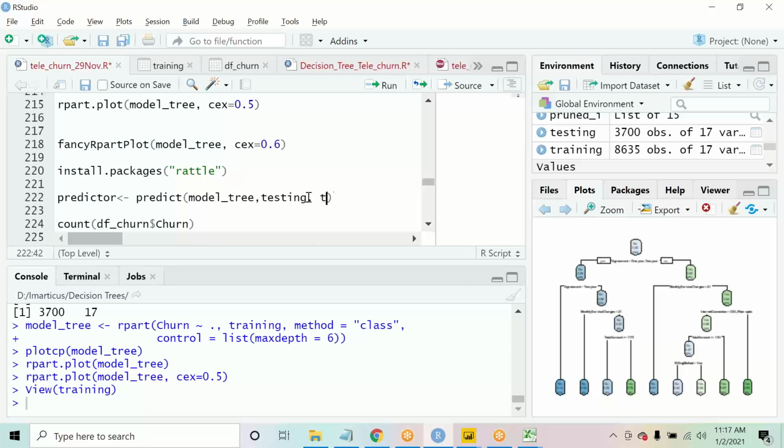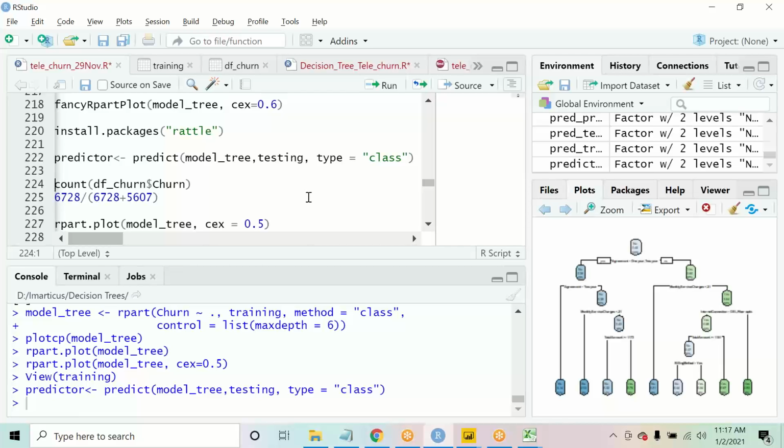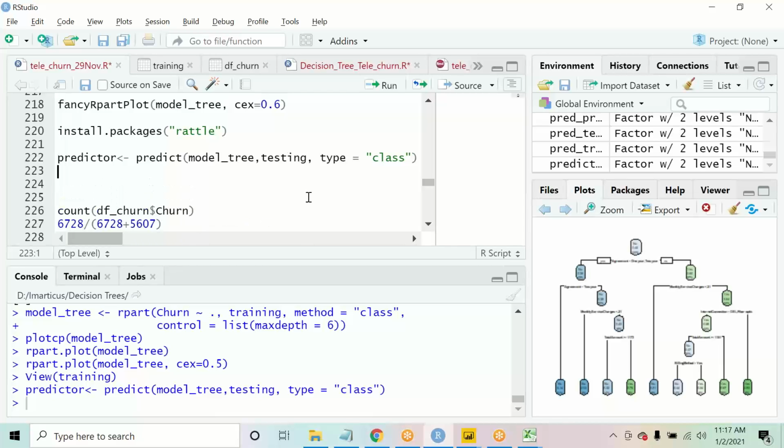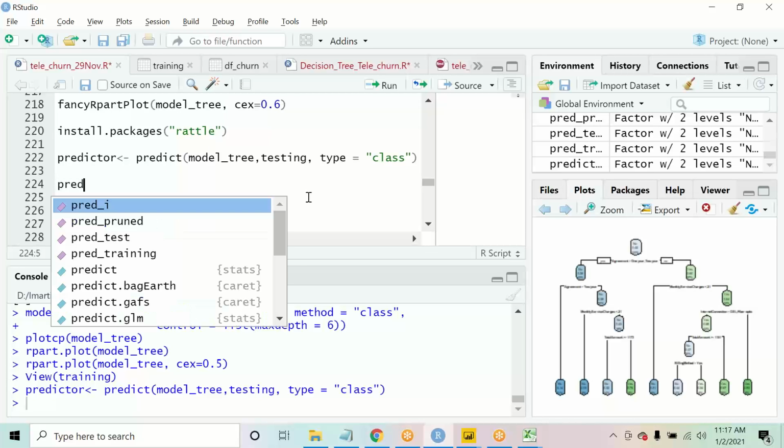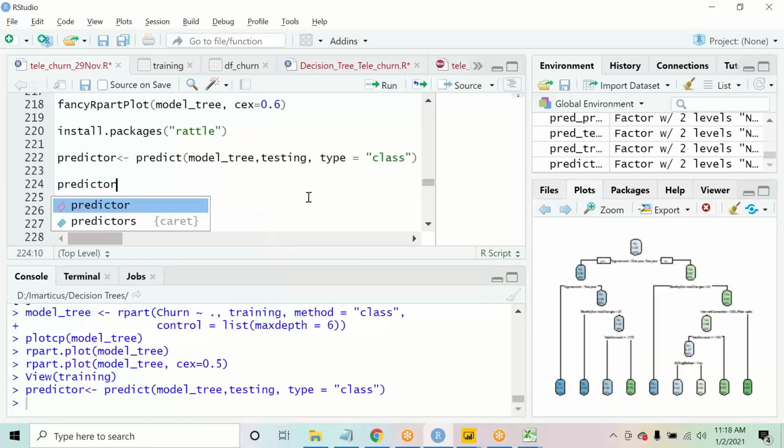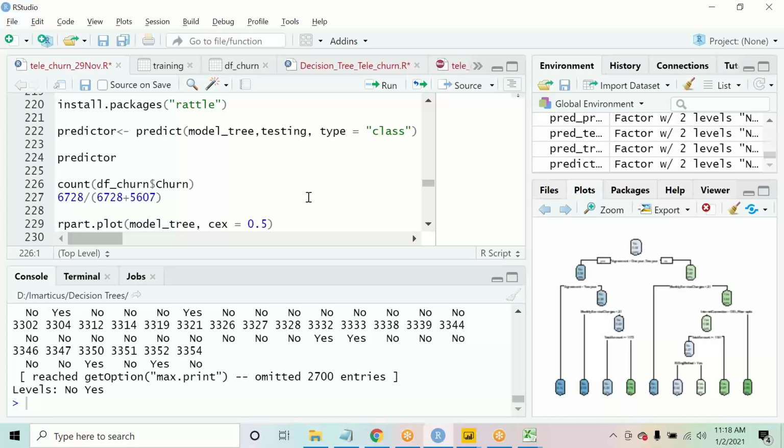Okay, so we will be saying type equal to class. So there we go, predictors are created and we can see predictor. We can see the output has been created for us, yes and no.